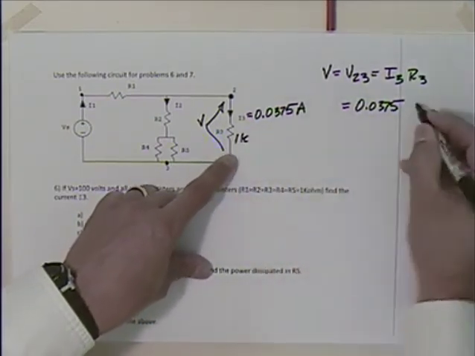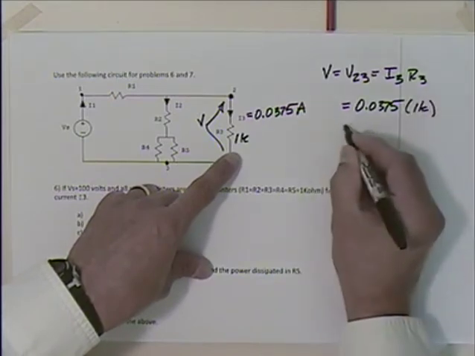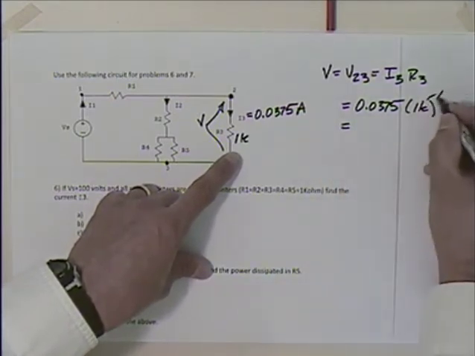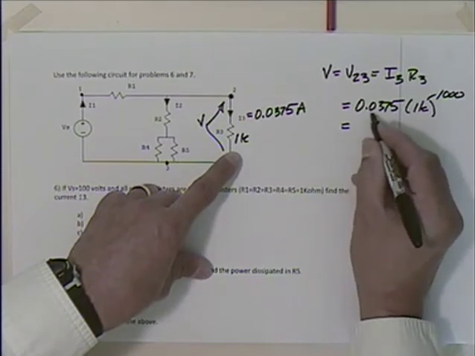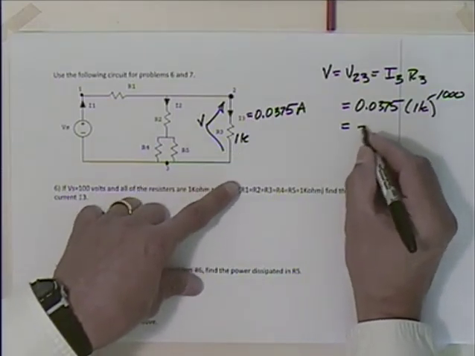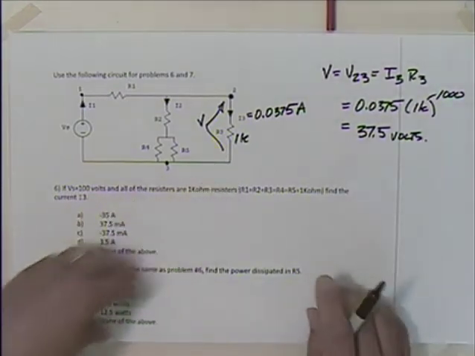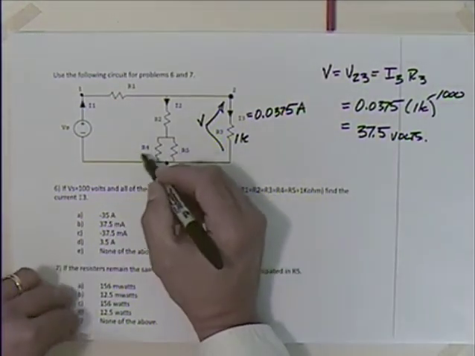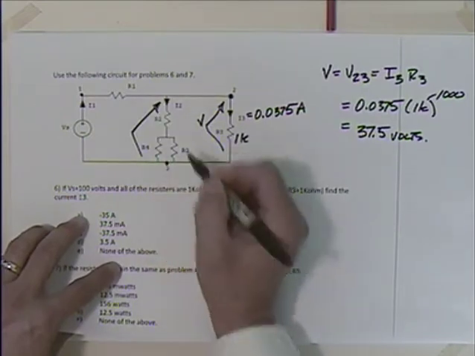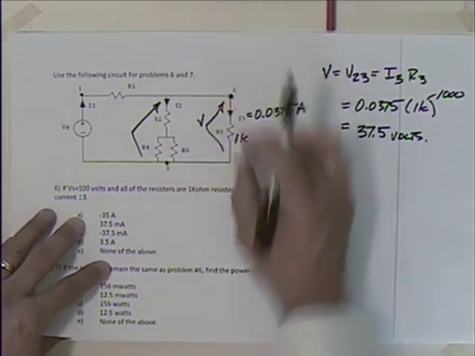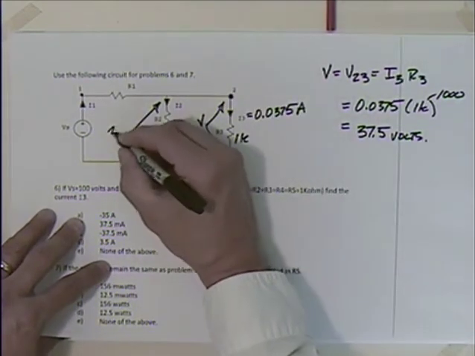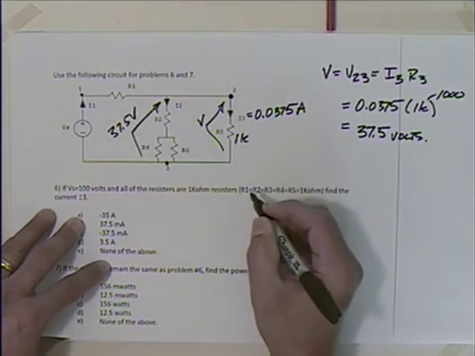Yep, 1K. So that'd be 1,000 times 0.0375, which is 37.5, right? Okay, so we got 37.5. Now that's also the voltage across here, isn't it? Because voltage across things in parallel is the same. So I have 37.5 volts across there.